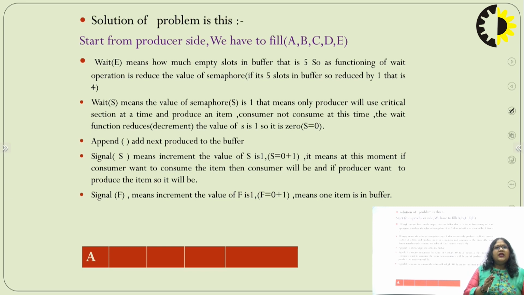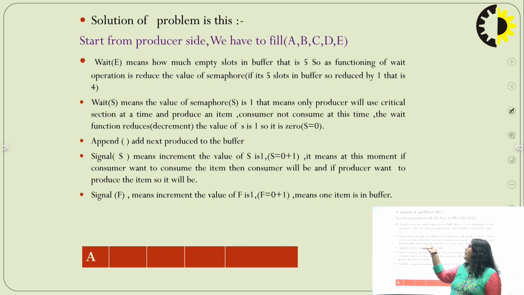So what is the solution? Suppose we have 5 items: A, B, C, D, E. Wait E shows how many empty slots are in the buffer. If it is 5, then one by one we produce the item and reduce it by wait E. So the first time wait E makes it 4. Wait S means the value of semaphore S is 1 at this time, and the producer uses the critical section for the production process.